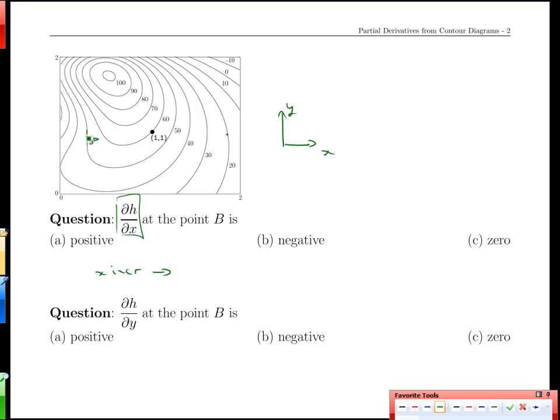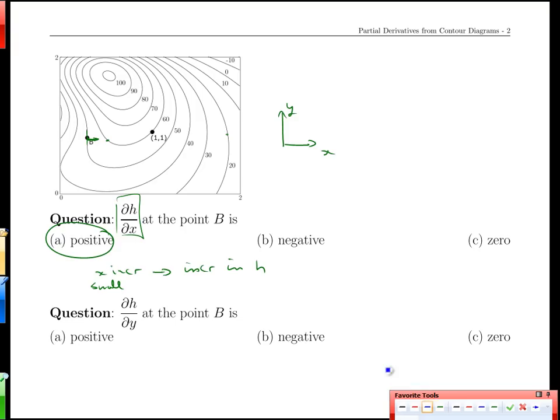But if you imagine yourself sitting at this point on the surface, if you took a small step, you would be heading towards the next crossing, which would be at height 60. So you'd actually be going up a little bit, maybe up a bit further, and then back down again afterwards. So in a small step, a small increase in x would give us an increase in h. And so the partial derivative there would be positive.